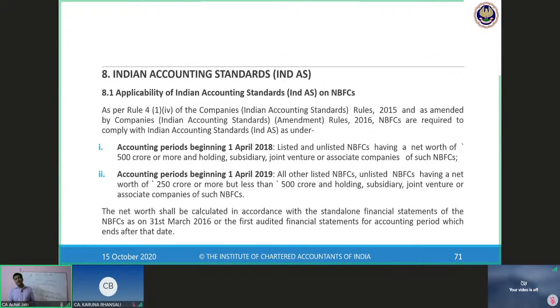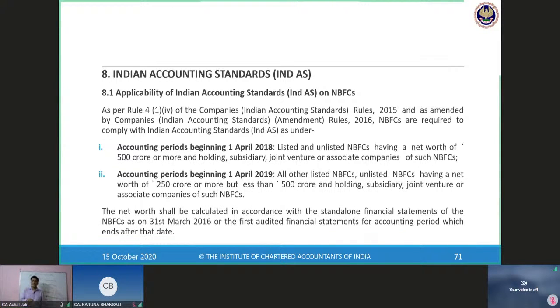Second, any NBFC which got covered under Ind AS in the financial year 1819, we can say this was phase 1 of NBFCs, for our ease.